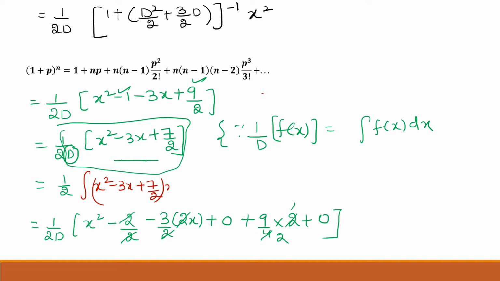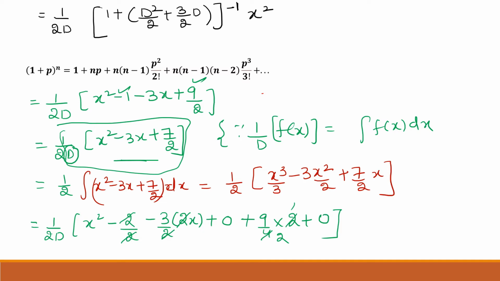If we integrate this, what we will get? 1 by 2 times x cube by 3 minus 3x square by 2 plus 7 by 2 x. And we will not add any constant here because the particular integral is free from the constant. Constants are covered by the complementary solution only.